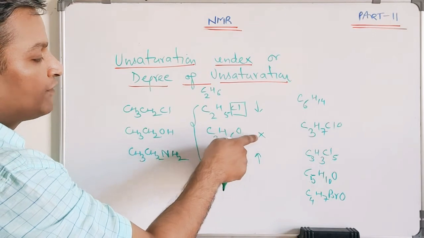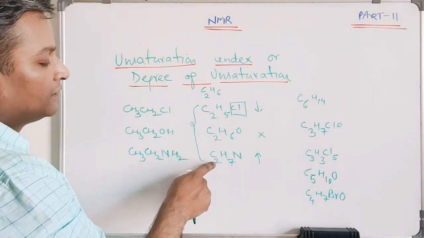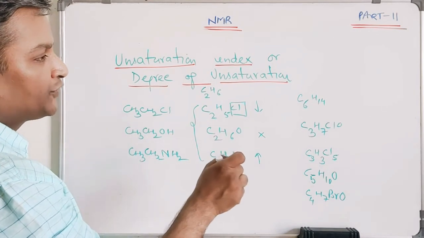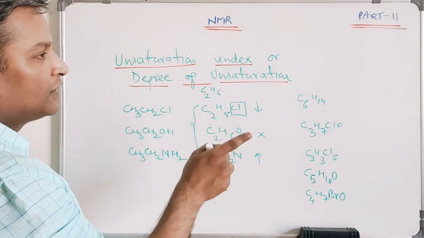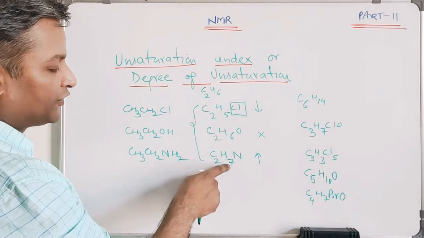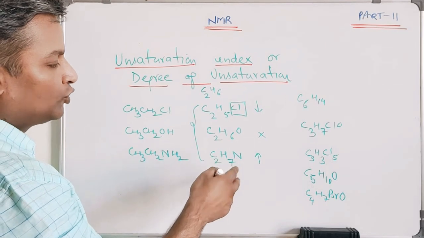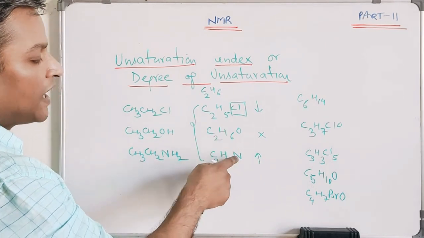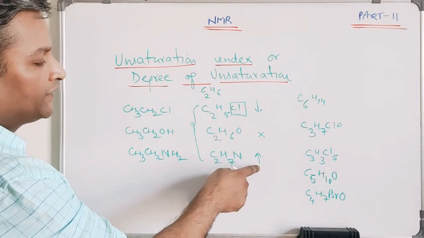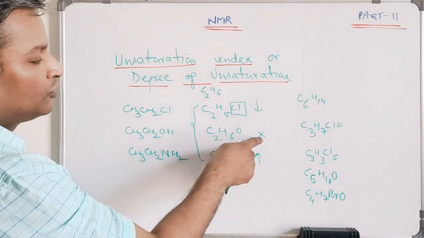For C2H6, there is no effect: oxygen causes no effect on the number of hydrogen. For nitrogen, if there is one nitrogen, one hydrogen is added; with 2 nitrogen, 2 hydrogen will be added. So every nitrogen, 1 hydrogen increase; every halogen, 1 hydrogen decrease; oxygen, no effect.